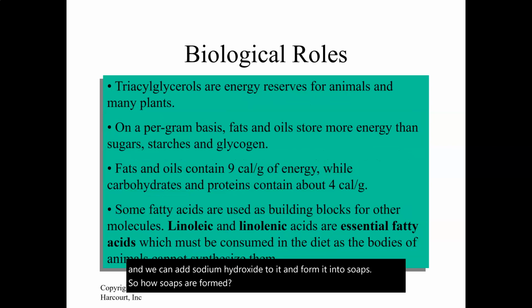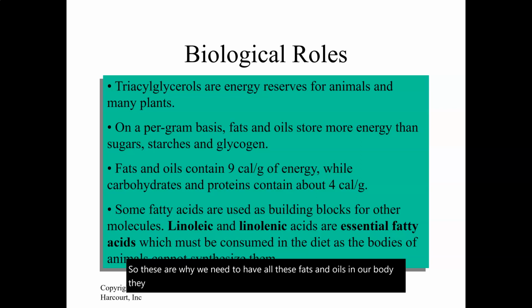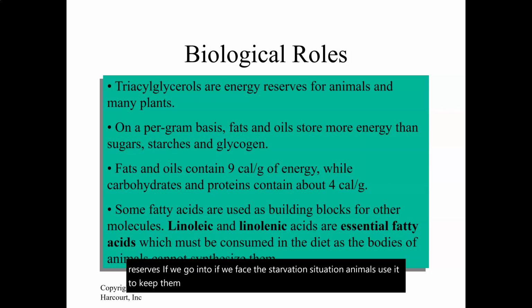So these are why we need to have all these fats and oils in our body. We use fats and oils and store them so that we have energy reserves if we face a starvation situation. Animals use them to keep warm. Fats and oils have more energy per gram.